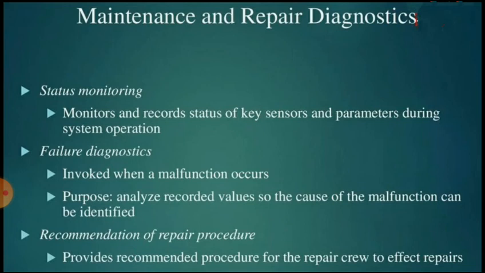Third, recommendation of repair procedure. In the third mode of operation, the subsystem recommends to the repair crew the steps that should be taken to effect repairs.